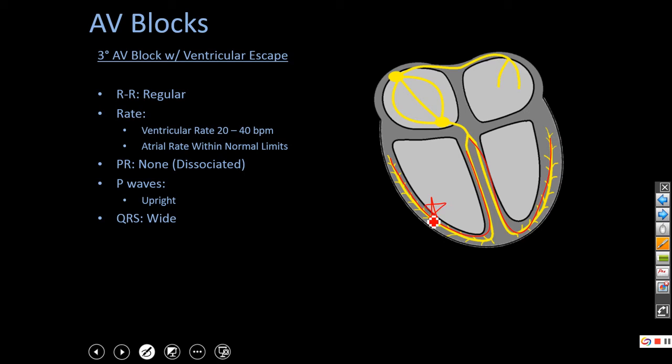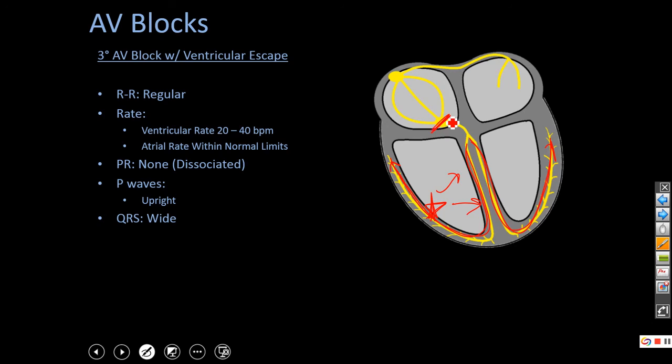And when you have the ventricles pacing the heart, you have a very wide QRS complex. Because these impulses are not traveling down both sides of the bundle branches simultaneously. Instead, it's starting at one side or the other, and it's working its way across the ventricles, and it takes longer. So when it takes longer, you have a wider complex.